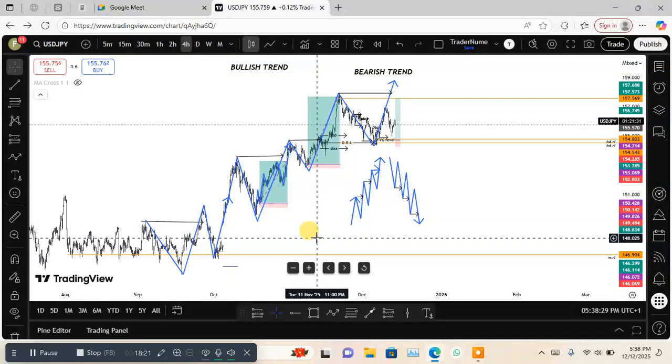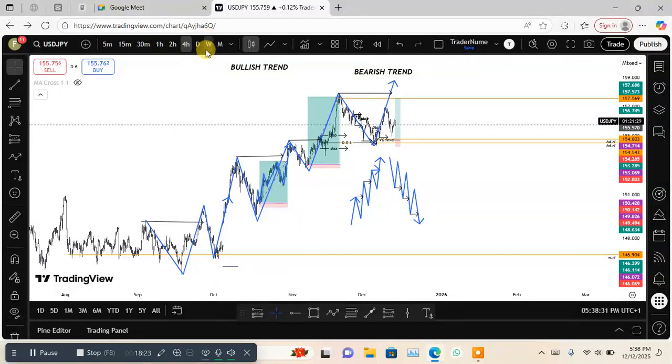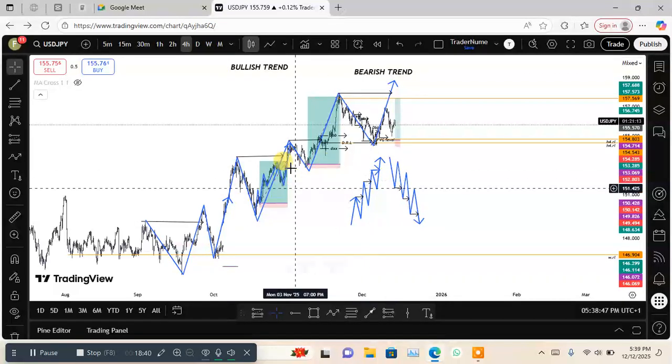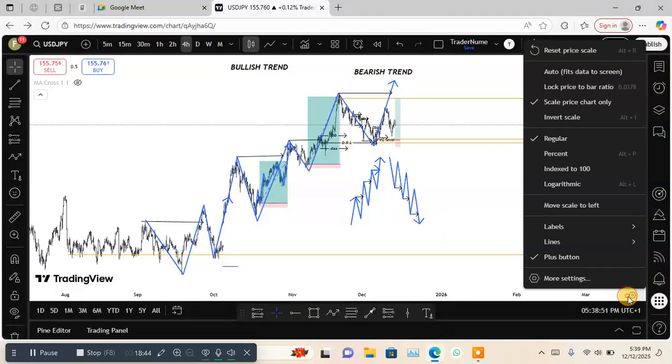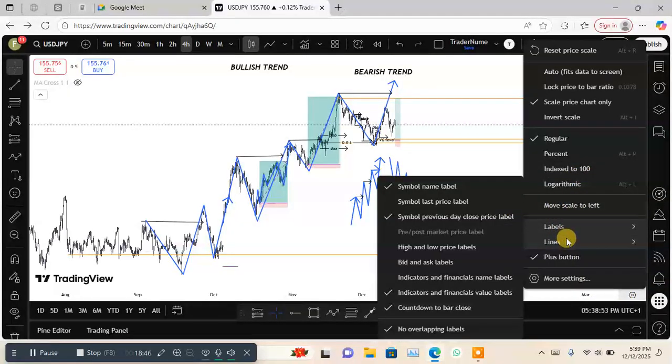So we use the major structures, the 4 hours, the daily, the weekly, to know the major move where the market is going, and we use the minor structures after we have known the move. We can now use the minor structures to get the entries where we can enter from and make money. Now, the same thing, I've been talking about the bullish trend. The bearish trend is just the reverse of the bullish trend.